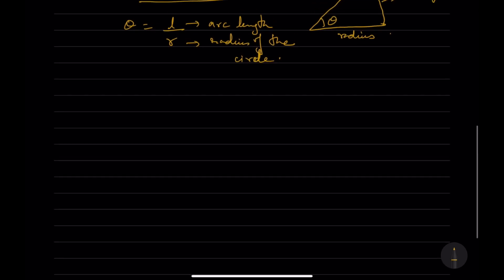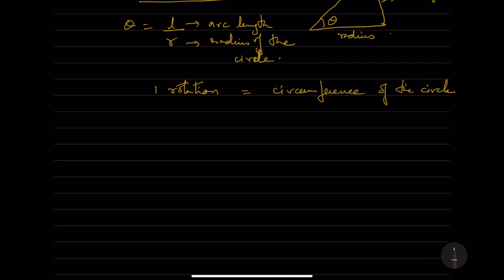Now how do we write this in terms of one rotation? One rotation is equal to the circumference of the circle, which is 2 pi r.